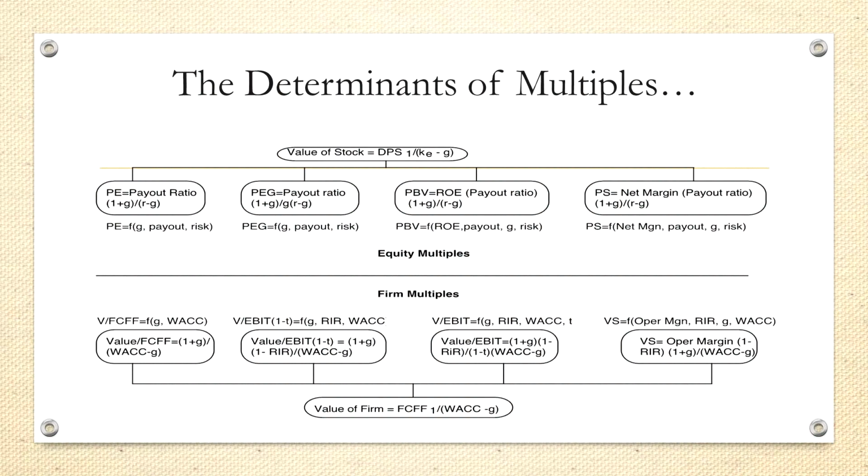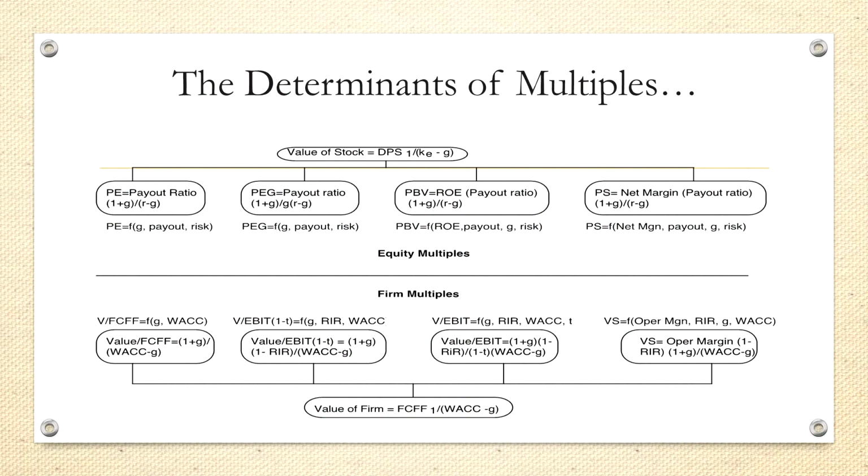Four price related ratios. And also we have four other firm value based ratios, or enterprise value based ratios: firm value to free cash flow to the firm ratio, firm value to after tax EBIT ratio, firm value to EBIT ratio, and firm value to sales ratio.